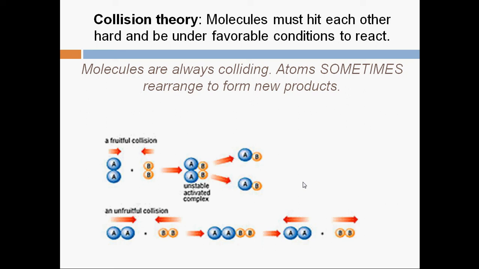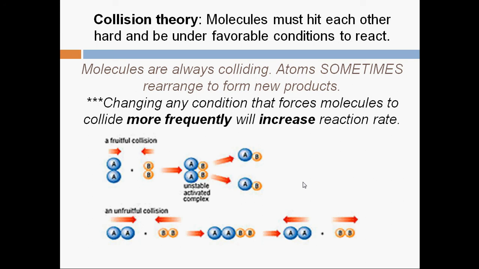So if we want to get a reaction to happen faster, if we want to increase the rate at which reactants are breaking bonds and forming products, basically, all we have to do is increase the rate of collisions. The more collisions we get, statistically speaking, the more likely it is that we'll get reactions occurring.